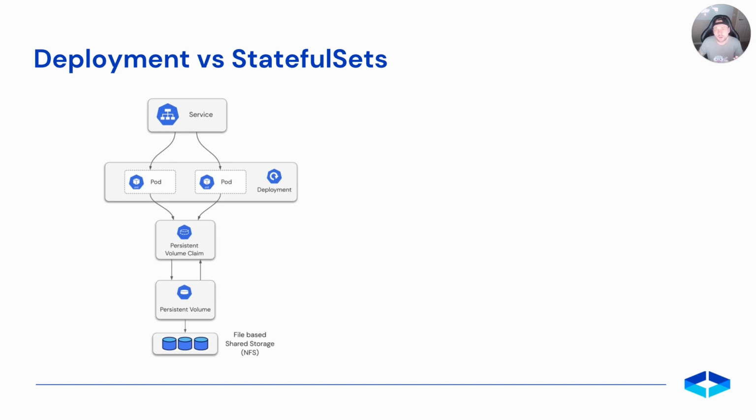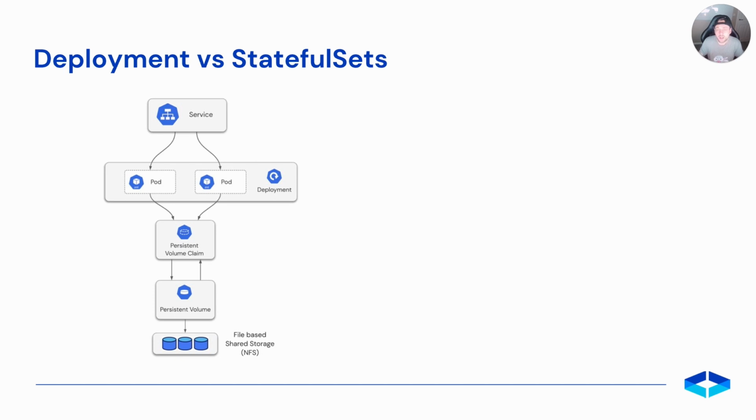Another important thing to notice, as depicted here, is that when you attach a persistent volume to a Deployment, it will be common to all pods that are part of the Deployment. They will use the same storage place. As pods will most likely be running on different hosts, this means that a shared file system like NFS must be used, which obviously will have a negative impact on performance.